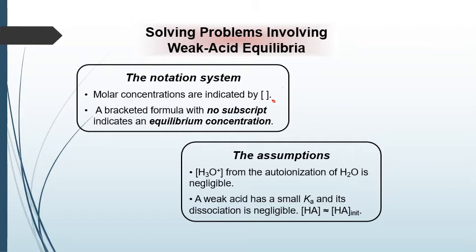The H3O plus from the autoionization of the water typically will be negligible. The weak acid has a small Ka, and its dissociation would also be negligible. So your initial concentration for the acid will typically be its equilibrium concentration as well. Again, that is making the assumption of the 5% rule, so we don't have to do the minus X in most cases.